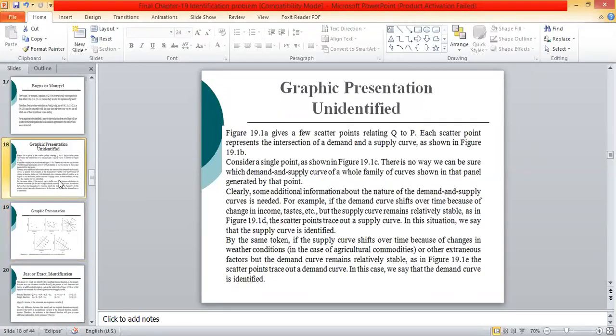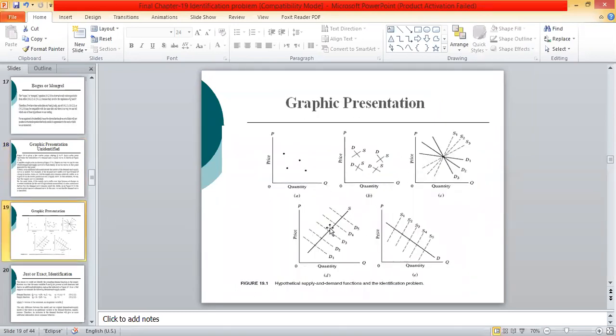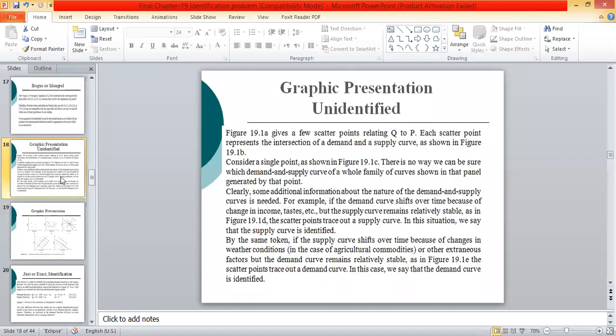Clearly, some additional information about the nature of the demand and supply curves is needed. For example, if we pick one point here, and we have some additional information, let's say the income or the taste of the consumer is going to change.